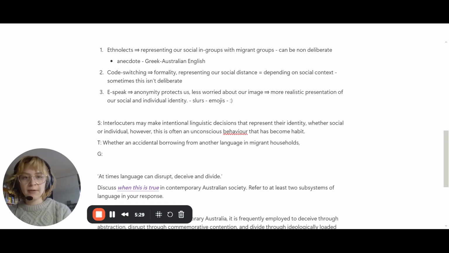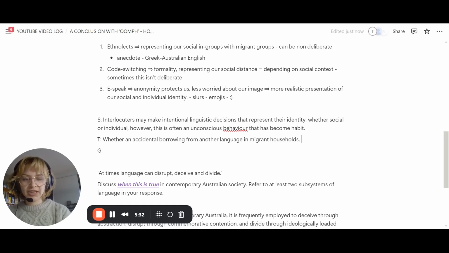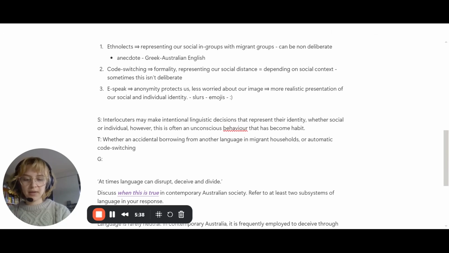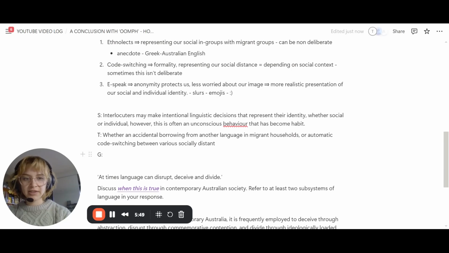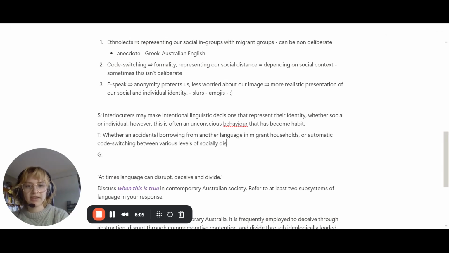That's one example. Or automatic code switching between various levels of socially distant participants.